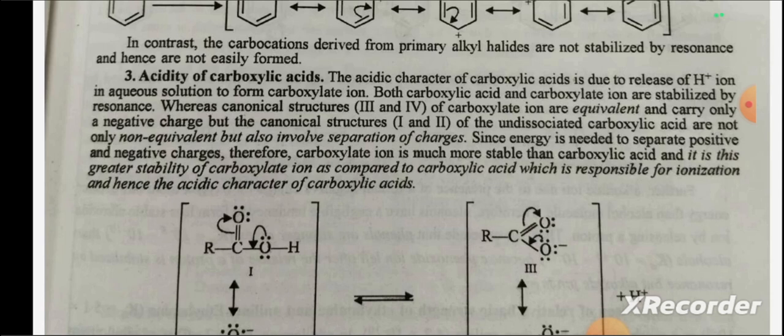Since energy is needed to separate positive and negative charges, the carboxylate ion is much more stable than carboxylic acid, and it is this greater stability of carboxylate ion as compared to carboxylic acid which is responsible for ionization and hence its acid character.